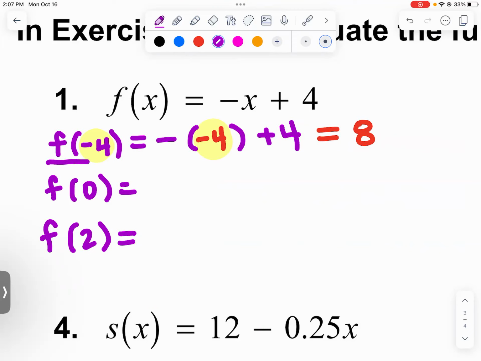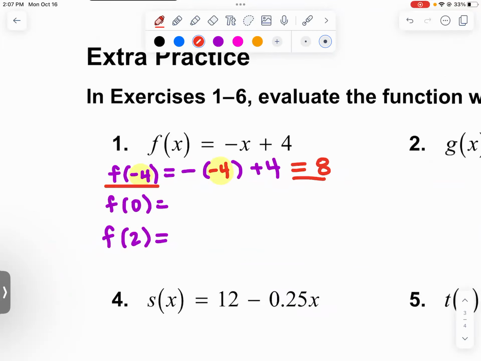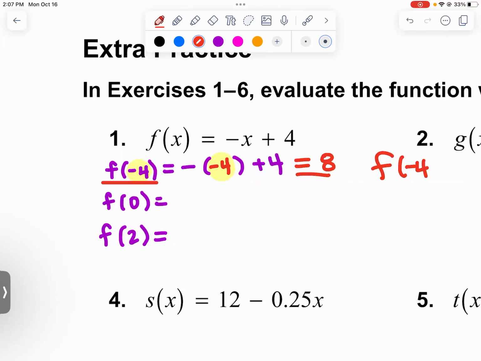So f of negative 4 equals 8. That's what I'm going for. Now, f of 0. Well, f of x is negative x plus 4.